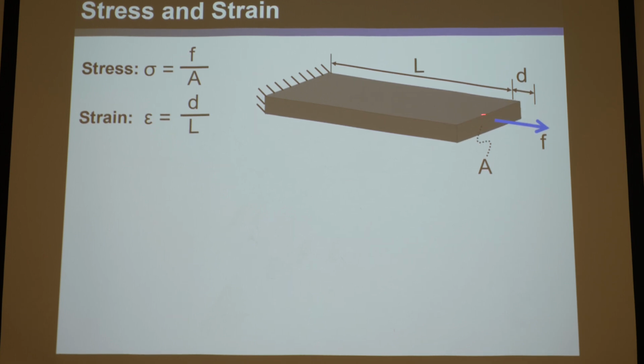If you load a body with force F and divide it by its cross-sectional area, then you get the property of stress. You find out what loads are inside the beam for an axial load. It's in units of newtons per meter squared, or pascals, right? That's similar to pressure.